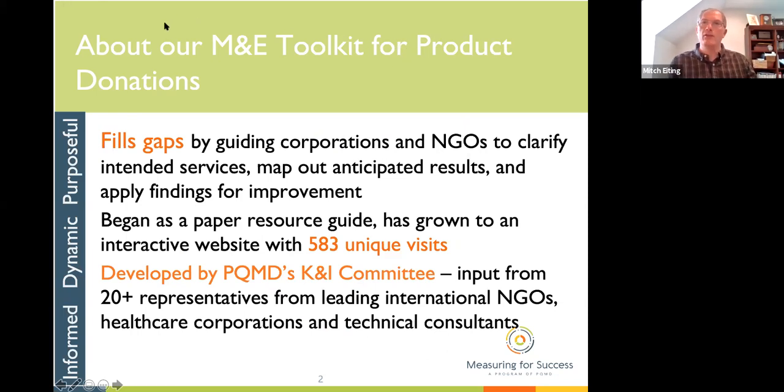But we started this conversation back in 2013 when everyone's wondering, well, how can we make sure the stuff we're donating is making an impact in health systems and wherever we were donating stuff. So as the K&I committee, and well, at that point in time it was the Research and Development Committee, started having conversations.